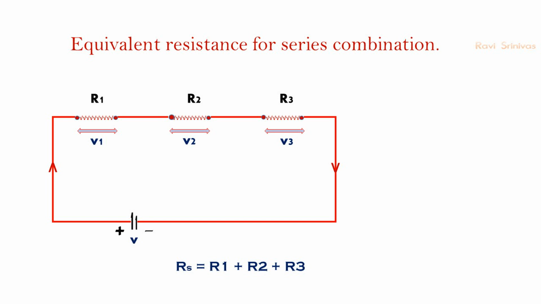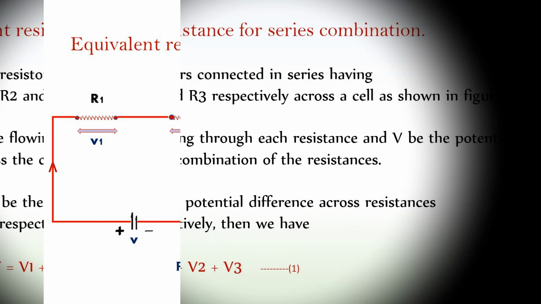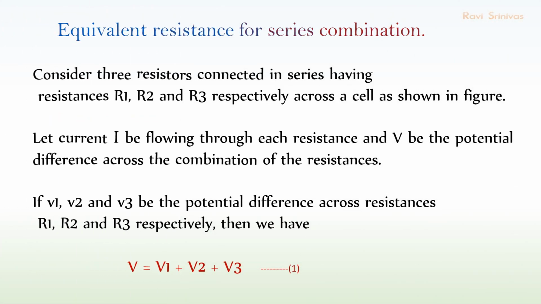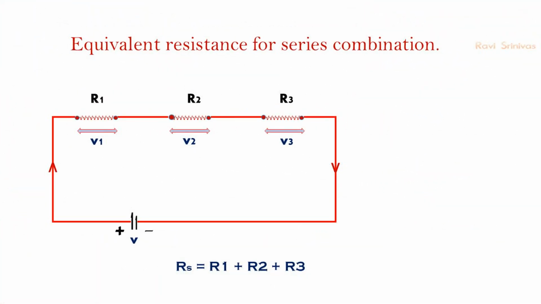We have three resistors R1, R2 and R3, which are all connected in series, just as we saw in the diagram. Same current I will be flowing through all the resistors, but the potential difference will vary across the resistors.